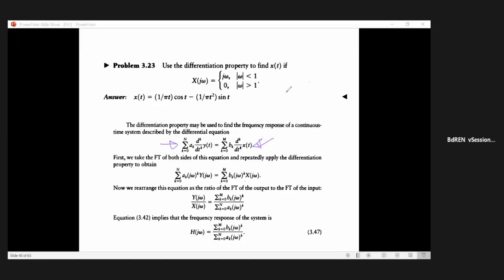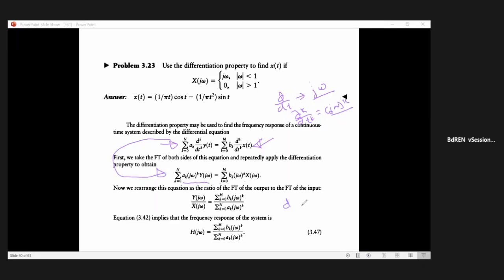Now we know that if we take the derivative once, that will cause a multiplication factor of jω. If we take the derivative, say, k times, what will happen? That will be equal to jω to the power k. So in this way, your left-hand side can be transferred into a Fourier transform equation, something like this.